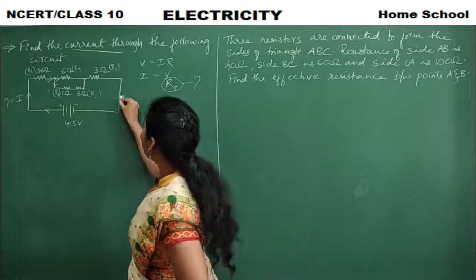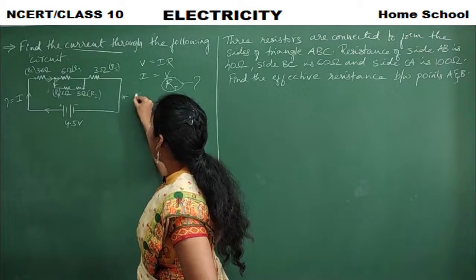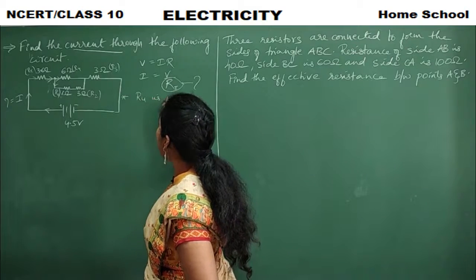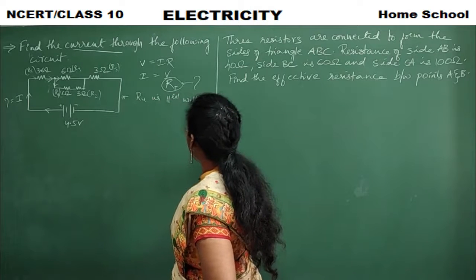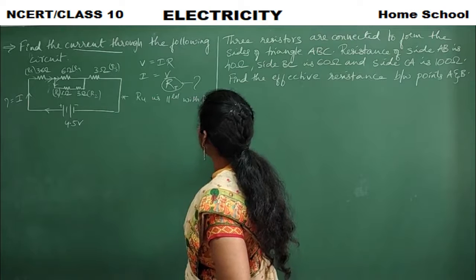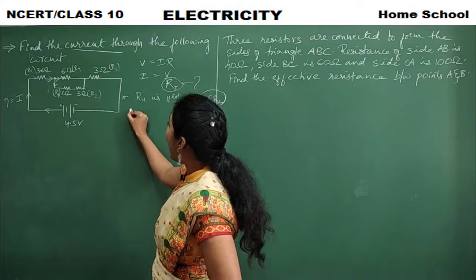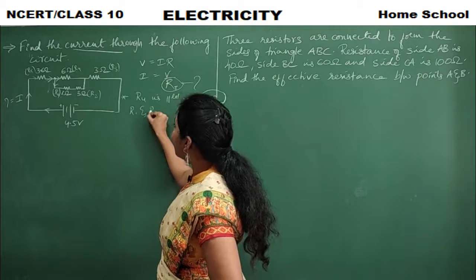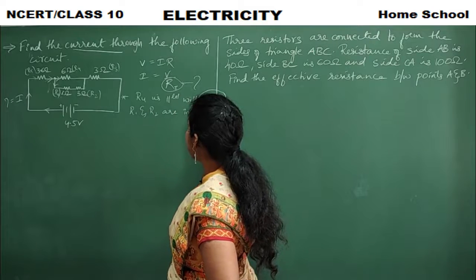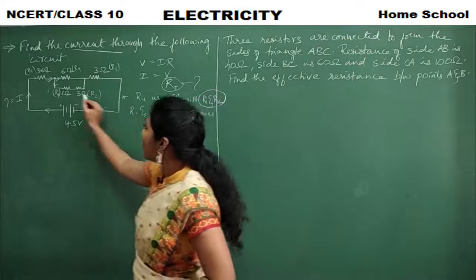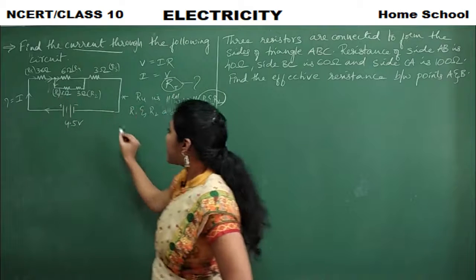So what you have to do is, let me write that R4 is parallel with R1 and R2, right? And now R1 and R2 are in series, right? So first let us find out this combination.